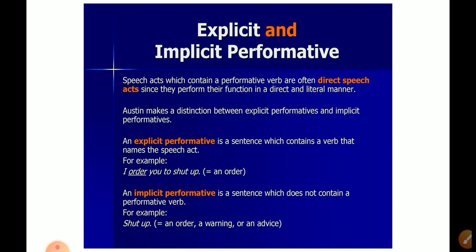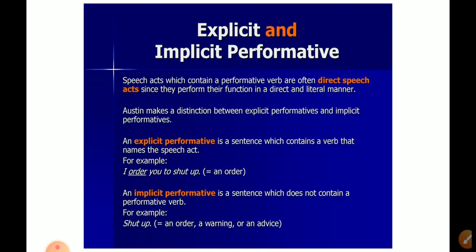Austin makes a distinction between explicit performatives and implicit performatives. An explicit performative is a sentence which contains a verb that names the speech act. For example, I order you to shut up. So, the act of ordering someone. The verb itself tells you what the speaker is doing. So, it is an explicit performative.